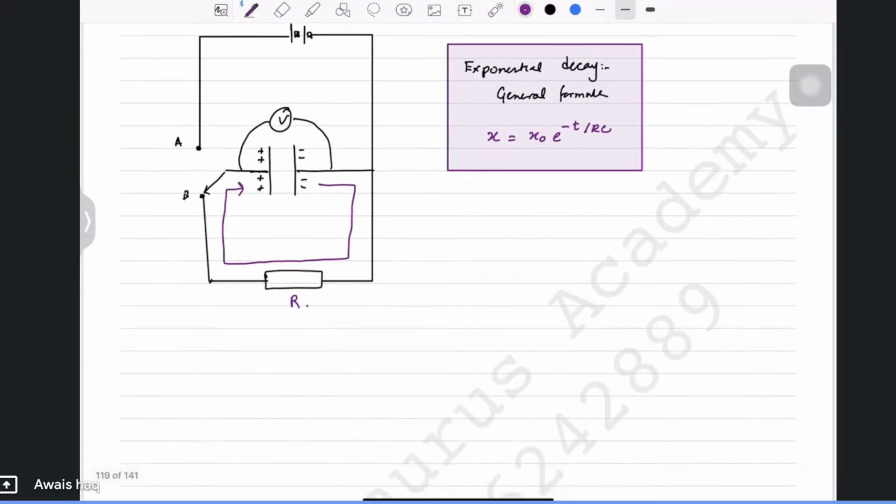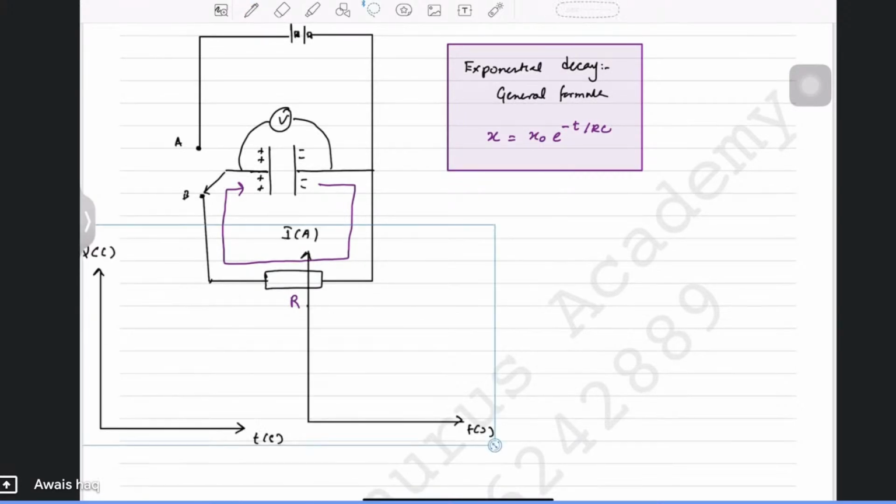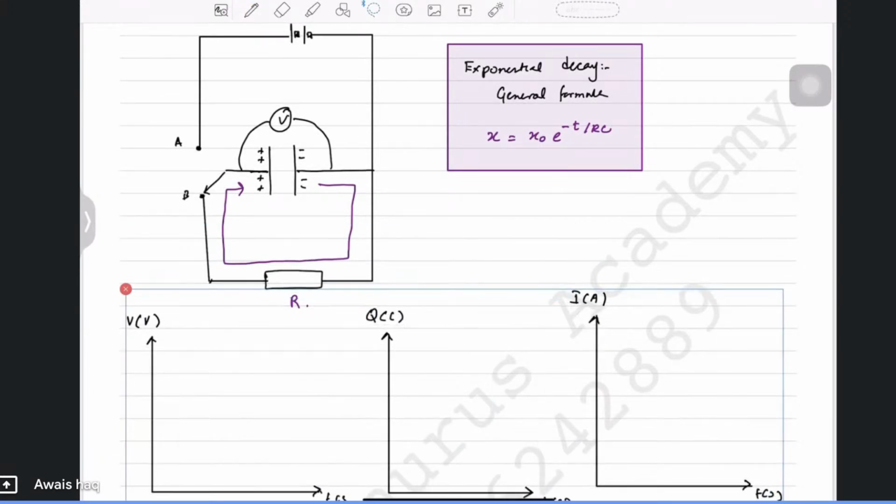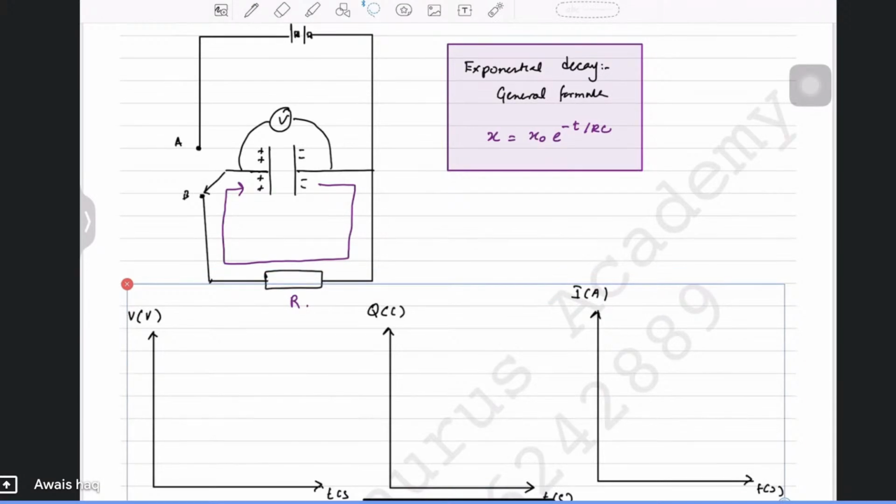Now, I'm gonna paste the graphs that we put earlier, which means all of them, because we're looking at voltage across plates.